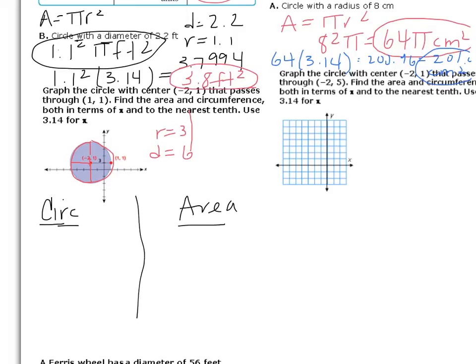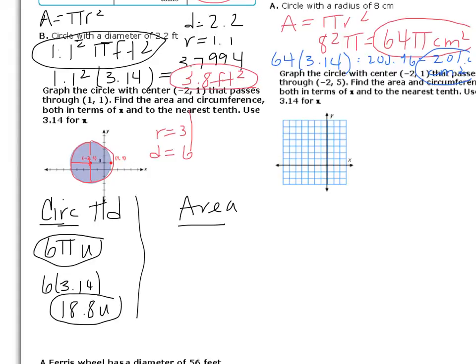Circumference in terms of pi, remember circumference is pi times diameter, so you're going to have 6 pi units, or 6 times 3.14 is going to give me 18.8 units. So these two are your answers for circumference.